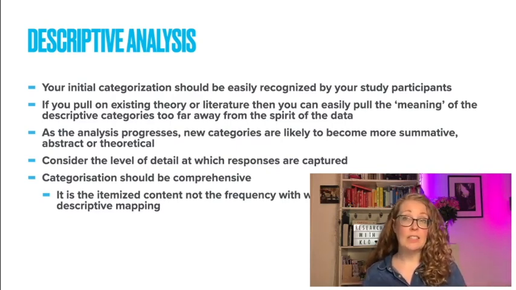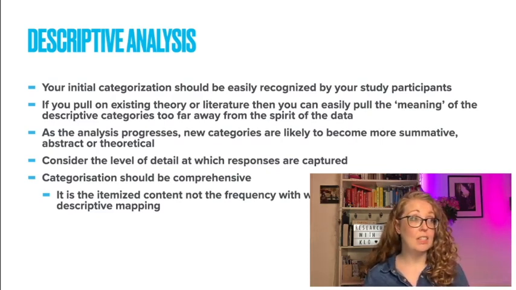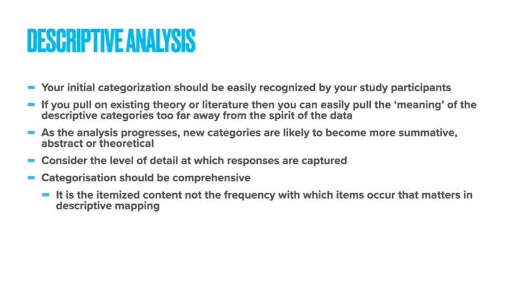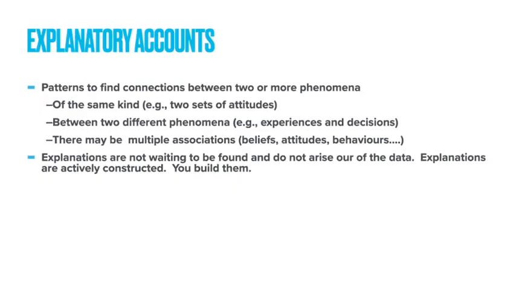Consider the level of detail at which responses are being captured in your data, and do be as comprehensive as possible with your categorization. It's not necessarily about how often something is happening, but the content that really matters in that descriptive mapping. For explanatory accounts, as I say, you're looking at those connections.